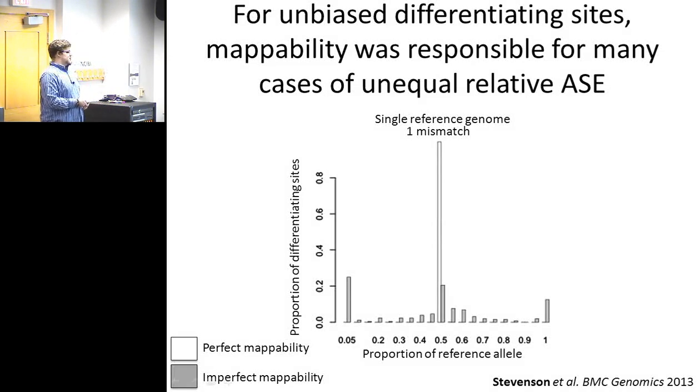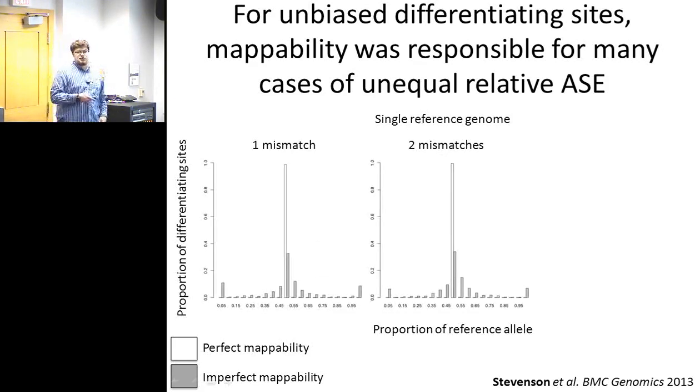However, for differentiating sites showing imperfect mappability, here in gray, we saw a much more variable distribution in this proportion of the reference allele. This was also the case when aligning to a single reference genome, allowing 2 and 3 mismatches.